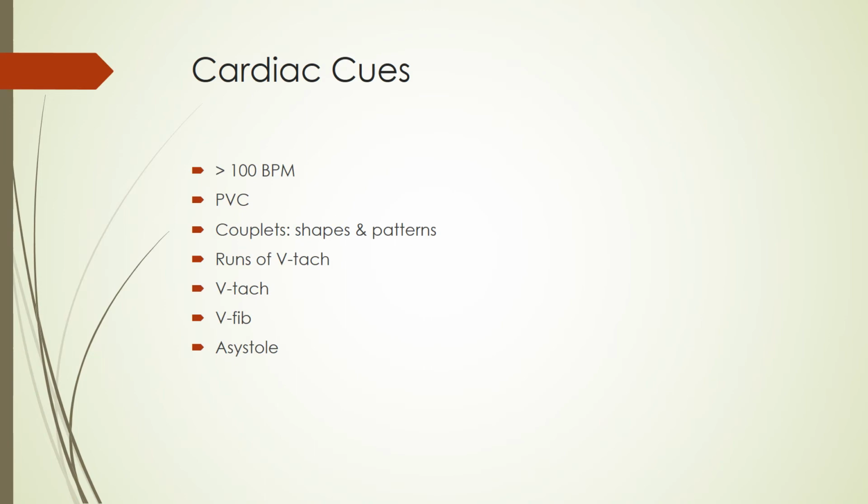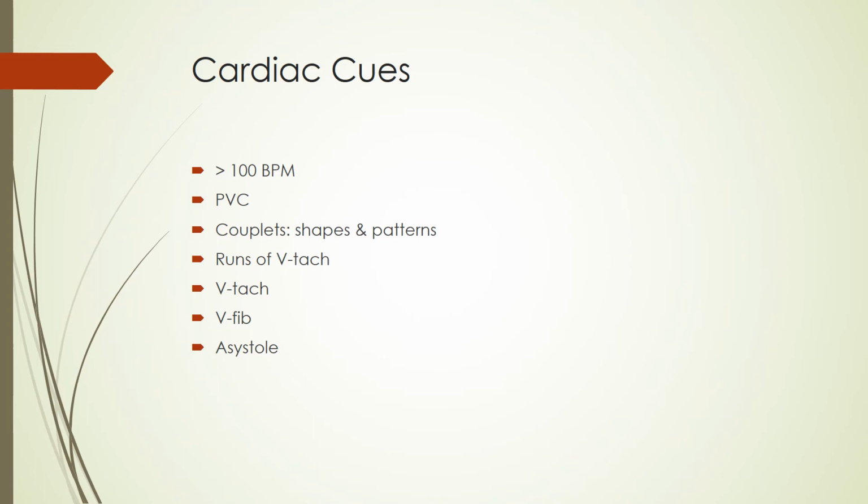When we look at those cardiac cues, we want to think about what their pulse rate was before. Do they have a history of dysrhythmias? If they've been running 60 to 80 beats per minute and all of a sudden they're above 100, you want to figure out why.